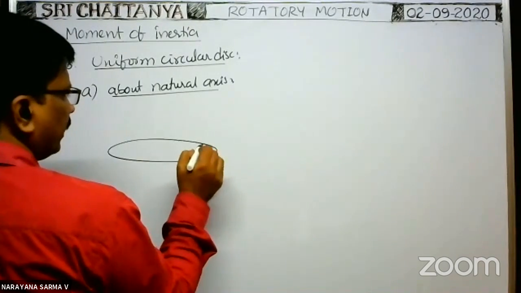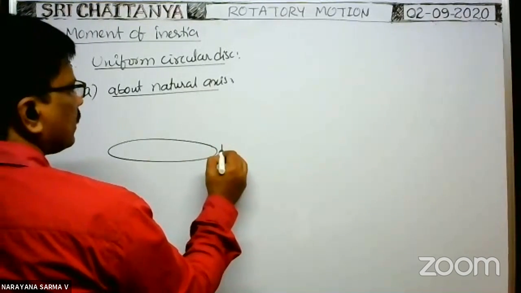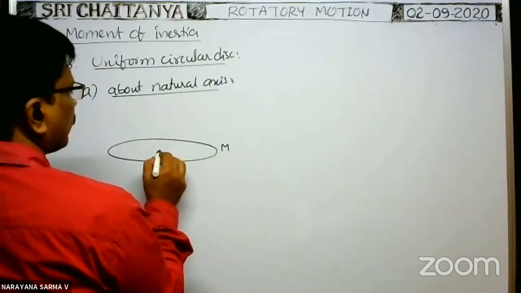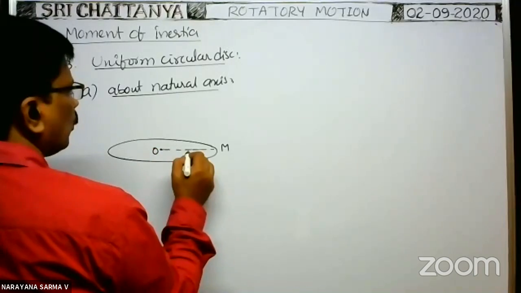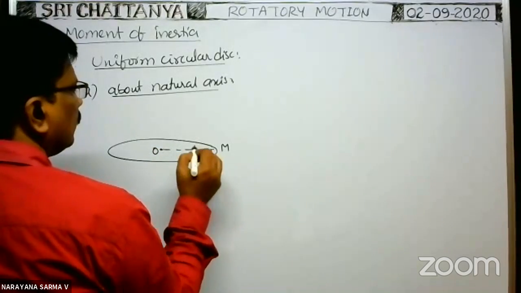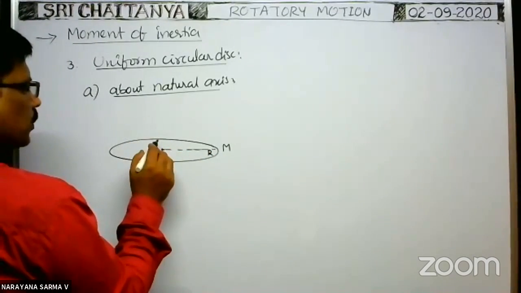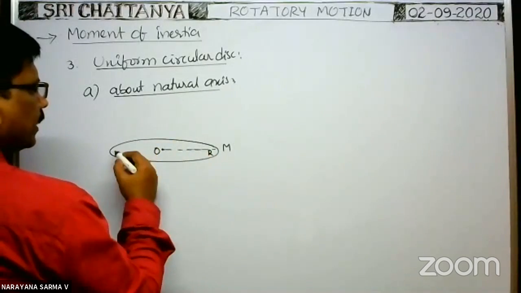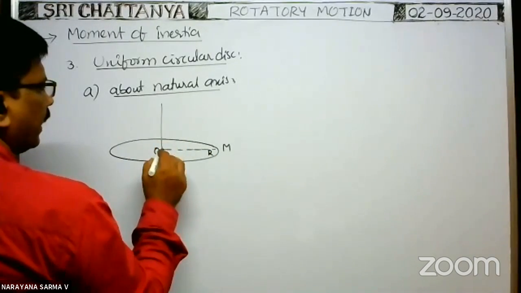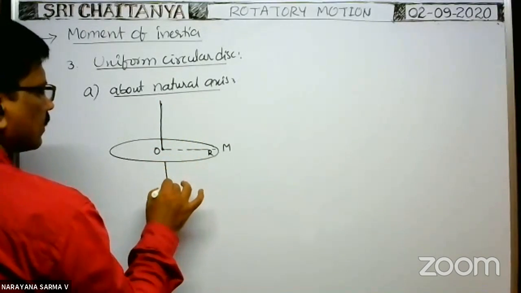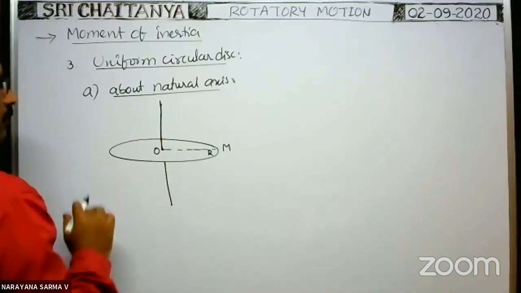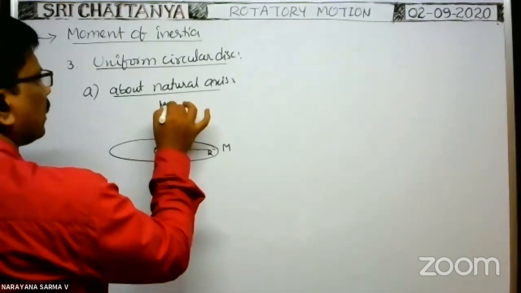The mass of the disc is M and the radius is R, the center is O. An axis passing through the center and perpendicular to the plane of the disc is called the natural axis of the disc. About this axis, what is the moment of inertia?